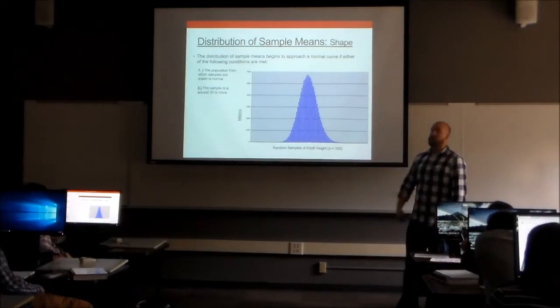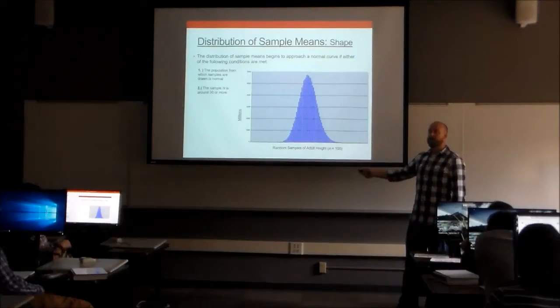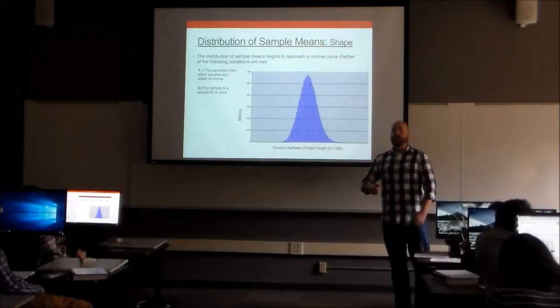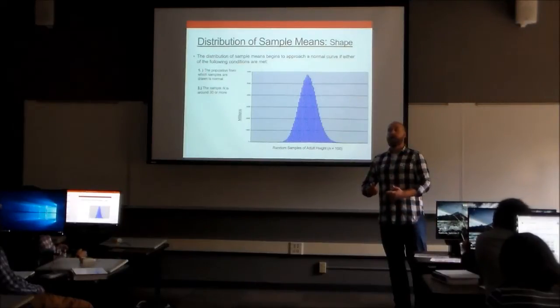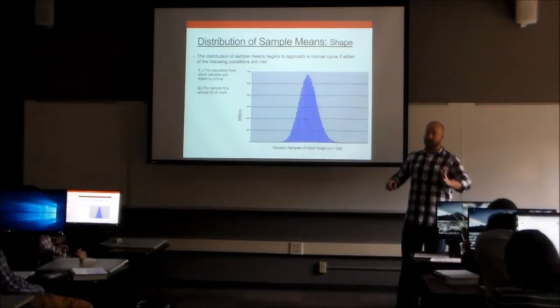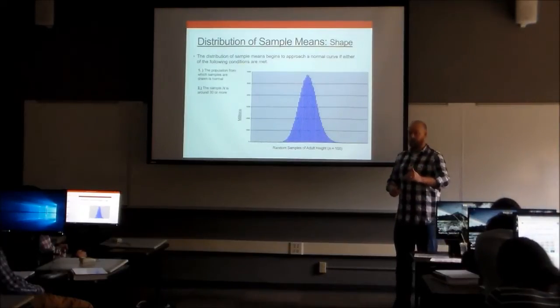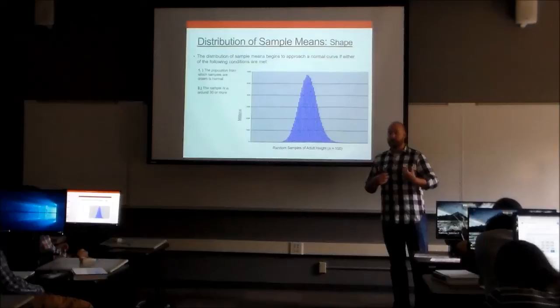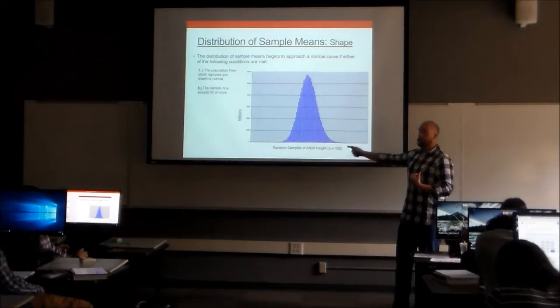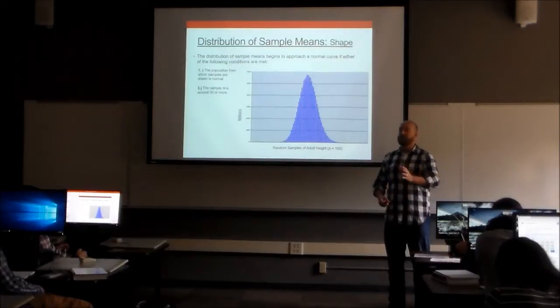So if instead of adult height we were looking at marijuana use in samples of 100, that's a large sample. And so even though the distribution in the population is not normal, and if we were to collect a sample of 100 people their scores would probably not be normal, the distribution of sample means, the mean of each one of those samples, would start to become very normal.